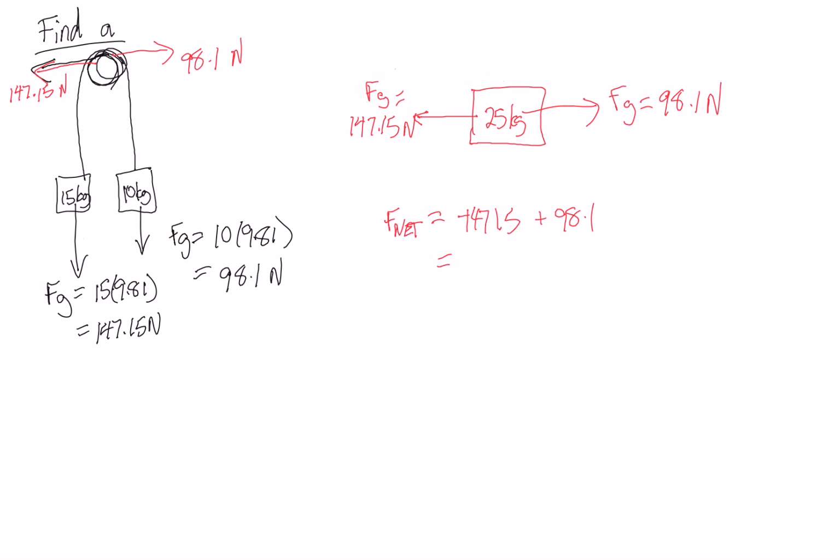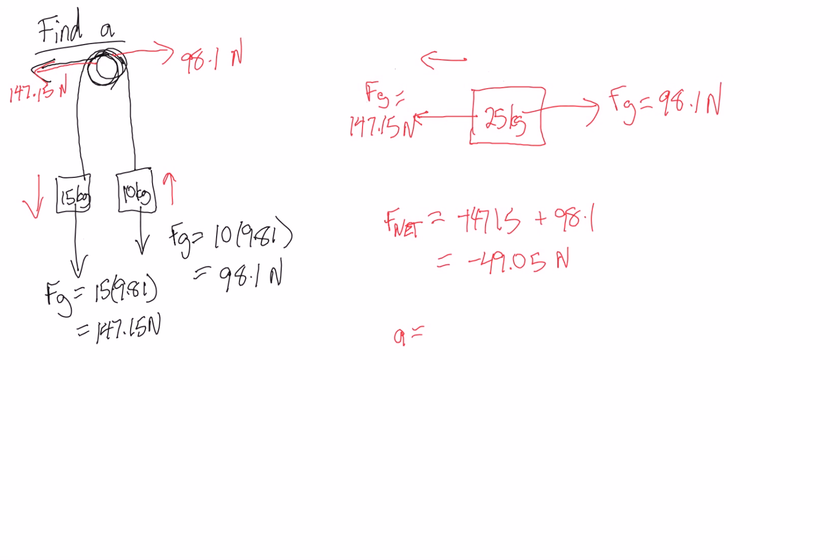So that gives us an answer of negative 49.05. So that just means, the way I've got it drawn here, the net force will be to the left, or in our first diagram, our net force is going to be going downwards, right? The heavier box is going to go down, the lighter box then will go up as a consequence. So we have our net force.